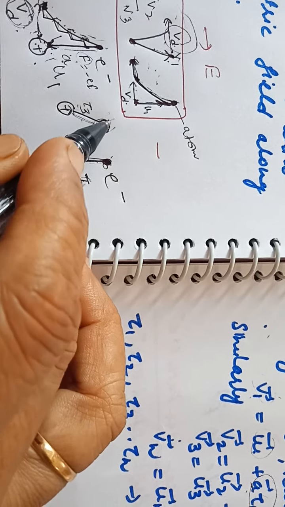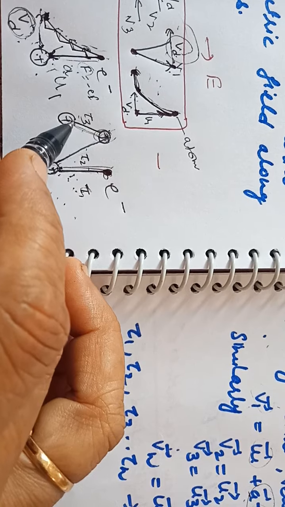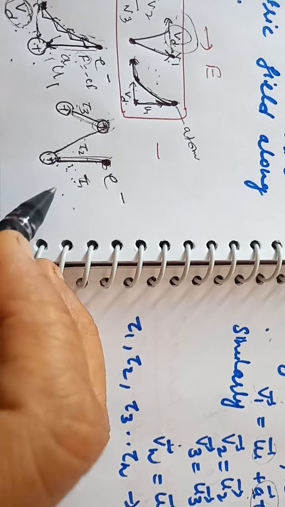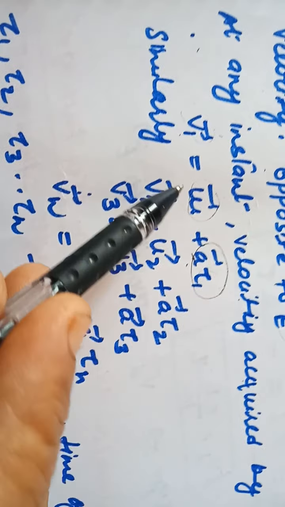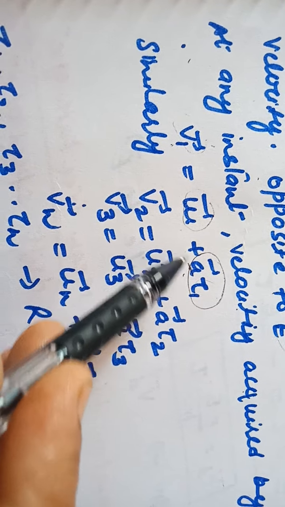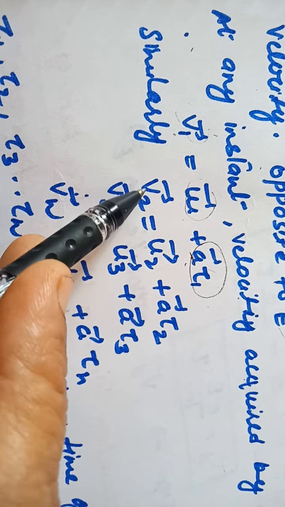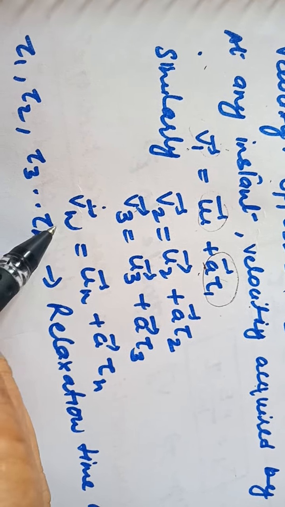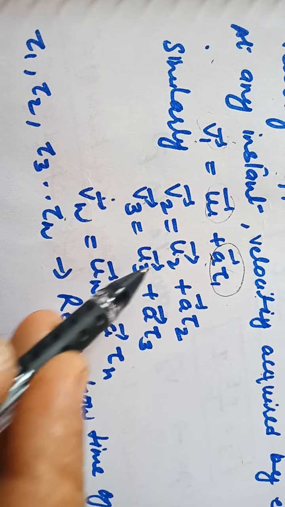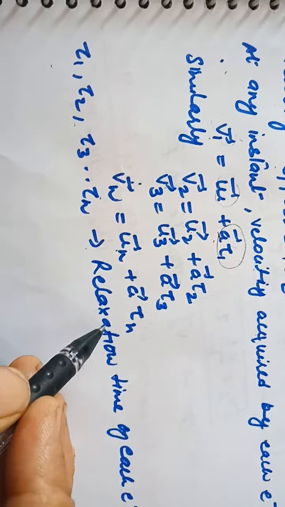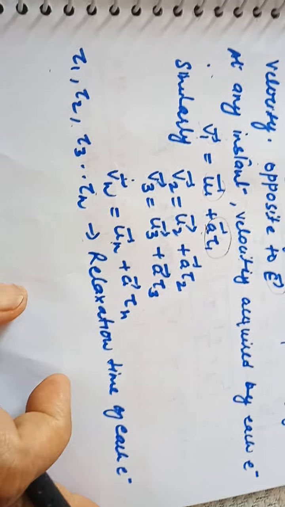So relaxation time is basically the mean free path divided by the drift velocity of the electron. So v1 is equal to u1 plus a tau 1, where tau 1 is the relaxation time between two successive collisions. Similarly, for the other electrons we have written this formula. These all are the thermal velocities, and tau 1, tau 2, tau 3 are the relaxation times of each electron.